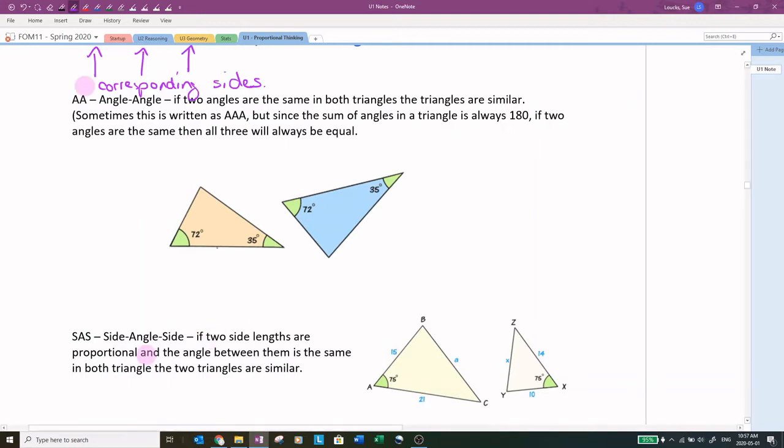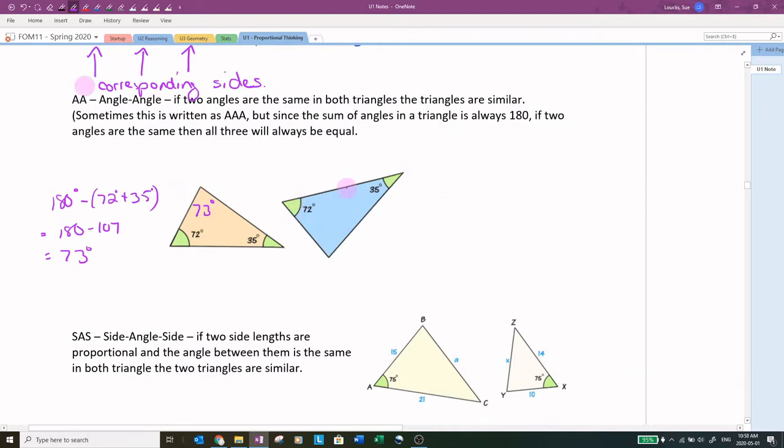For example, in this triangle, this angle here is going to be 180 degrees minus 72 plus 35, because I'm taking away those two angles. So this angle is 180 minus 107, which is 73 degrees.